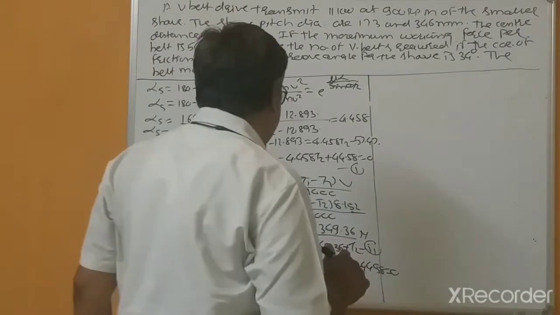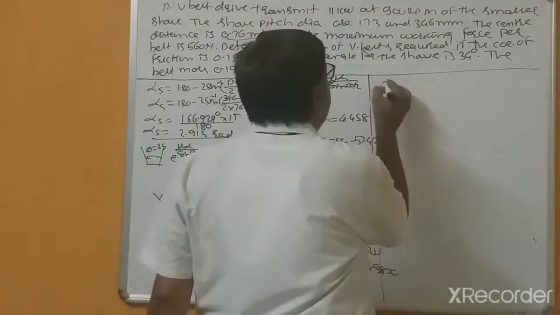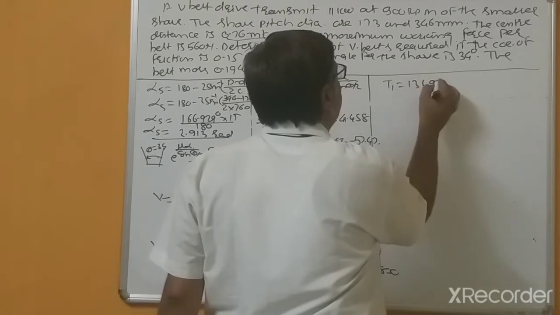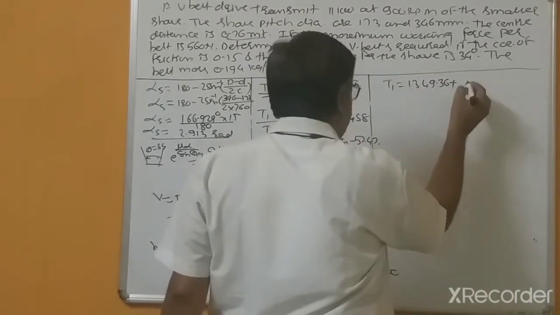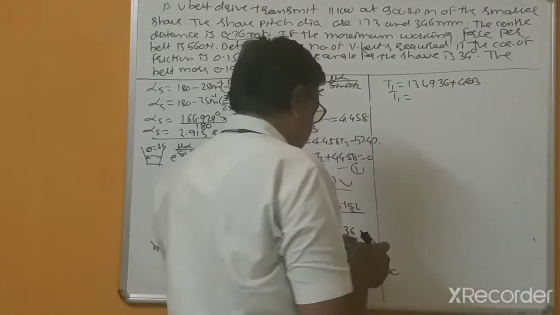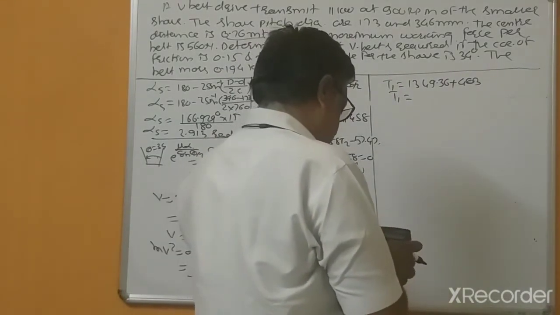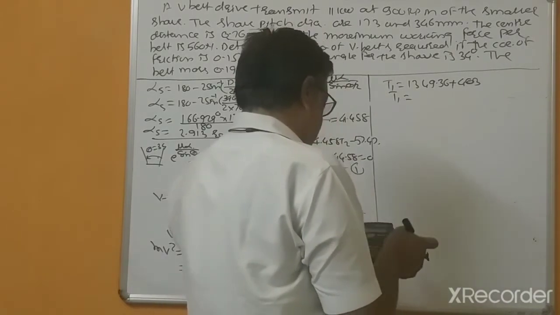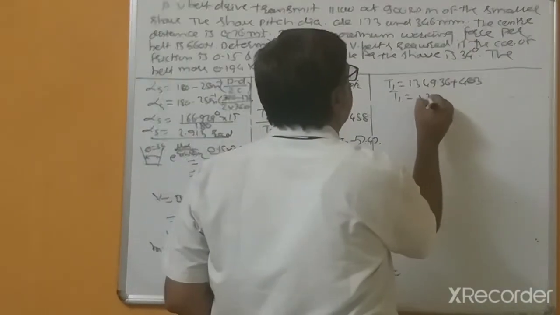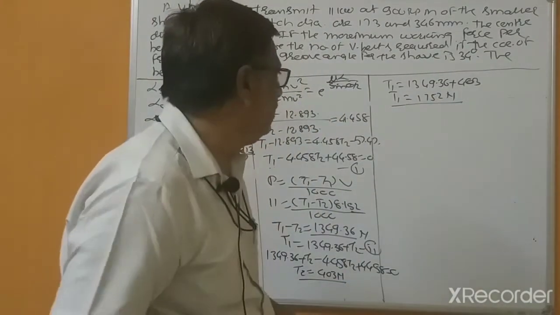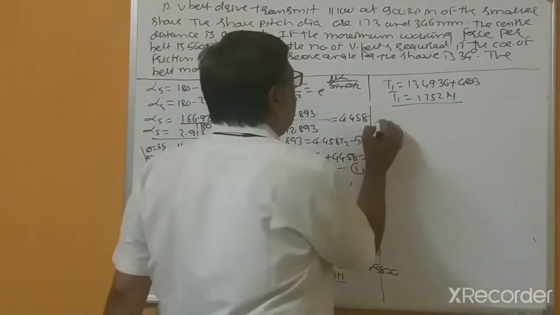Next, T1 equals 1349.36 plus 403, which equals 1752 Newton.